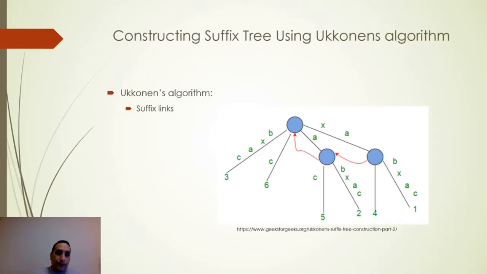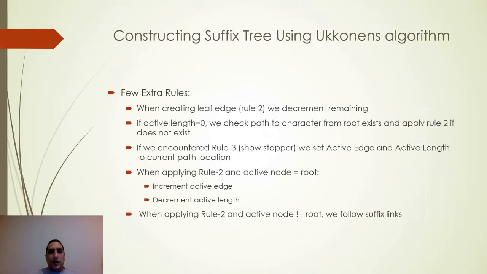All right, a few more extra rules and we should be good to go to start constructing suffix trees for any string using Ukkonen's algorithm. So every time we apply rule number 2 and create a leaf edge, we need to remember to decrement the remaining variable.